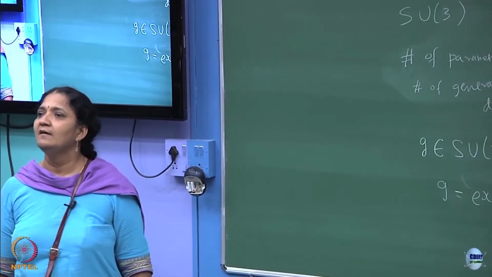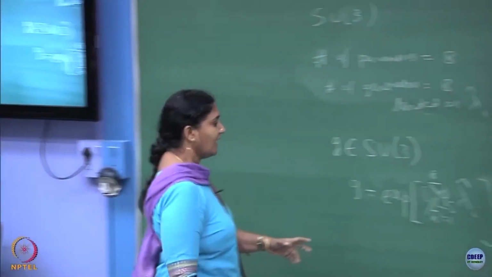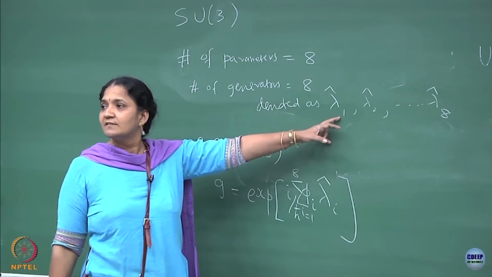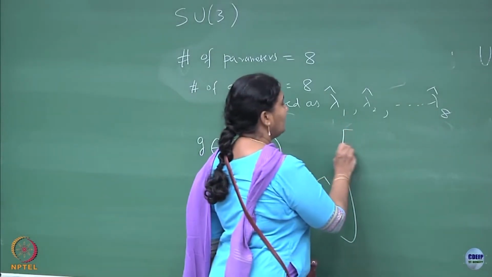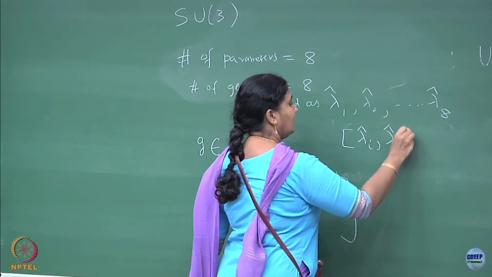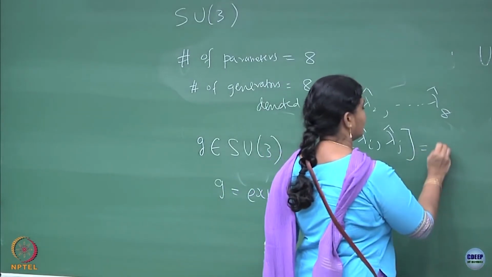These are the SU3 matrices, which involve 8 generators, and there will be an algebra between the 8 generators. What will the algebra be? Lambda i with lambda j should give me some structure constant.